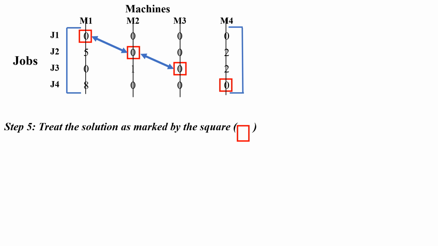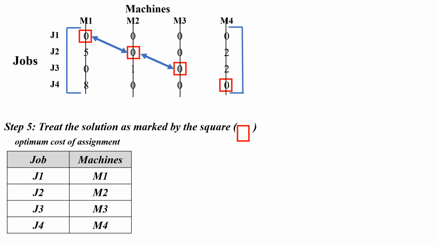Now the optimal assignment is job 1 assigned with machine 1, job 2 with machine 2, job 3 with machine 3 and job 4 with machine 4.